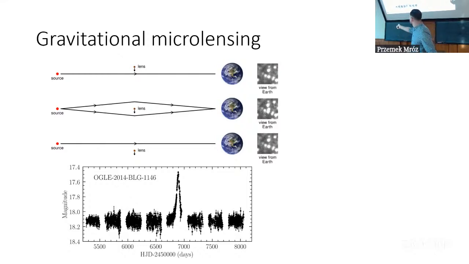The gravity of this lensing object is going to bend and deflect the light coming from the source. As a result, here on Earth, we are going to see a transient brightening of the source star. We call these brightenings gravitational microlensing events.